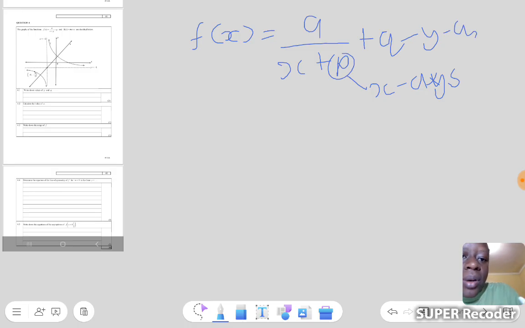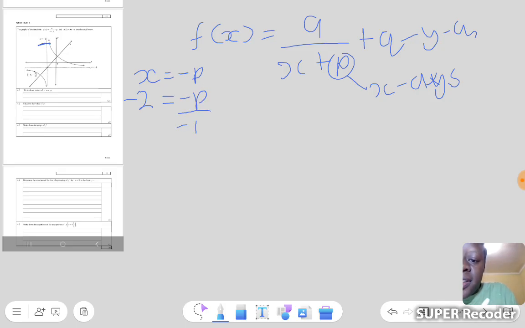So to get our p, because here at 4.1 it says to write down the values of p and q. To get p, we have to use this formula. Always use this formula: x is equal to negative p, like this, and we have this x here given that it's negative 2, which equals negative p.